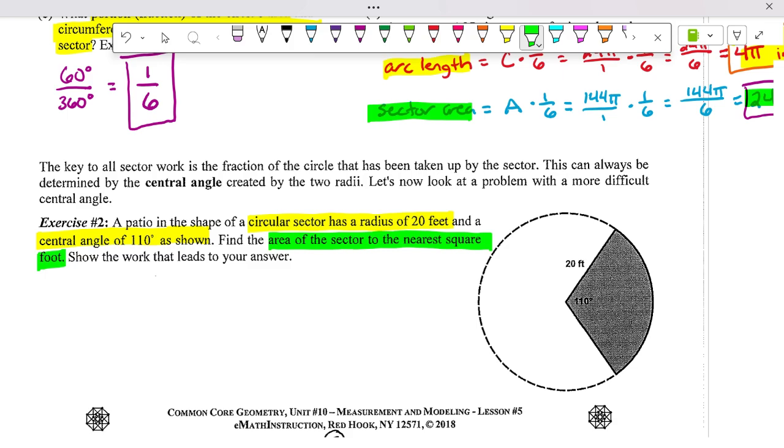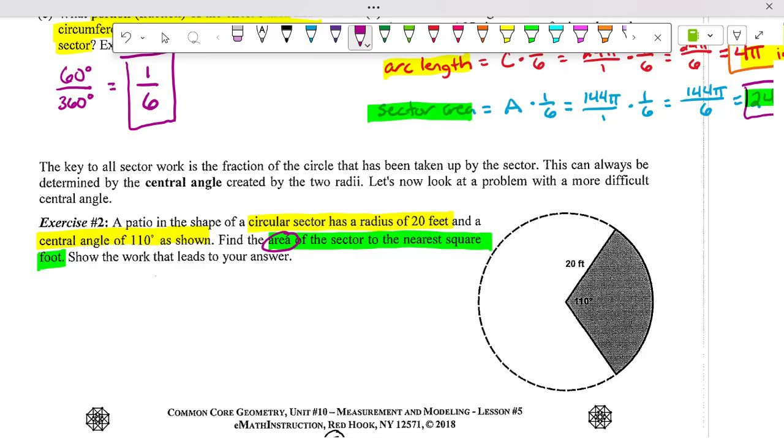Before I even calculate the sector area, what do I need to calculate first? We don't need the circumference. We just need the area. It's only asking for the area of the sector, not the arc length. So we just need to calculate the area.